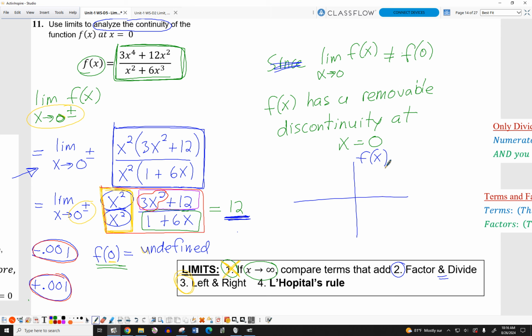So something like this. When we're close to x equals 0, both y-coordinates are infinitesimally close to 12. You okay with that? When x is precisely 0, there is no y-coordinate at all. It's missing. It's been removed. So the name they give to this occurrence is a removable discontinuity when x is 0. Did I answer your question?